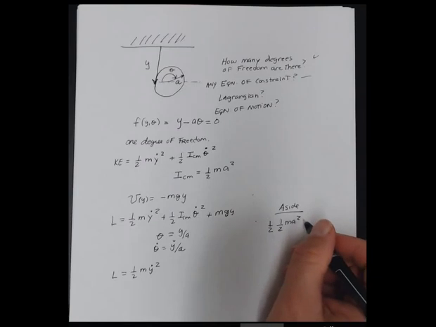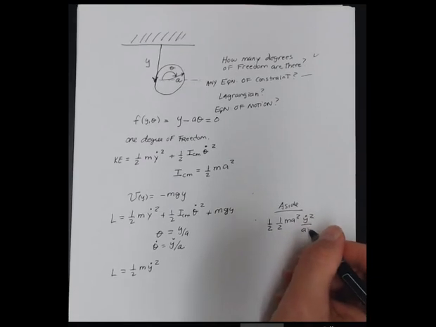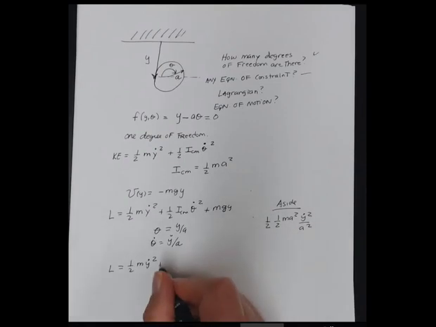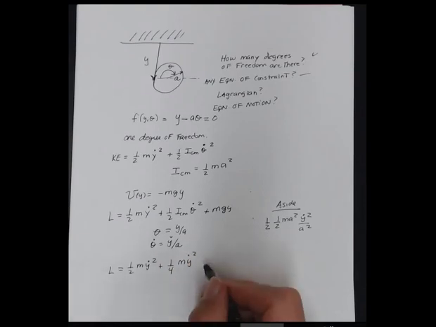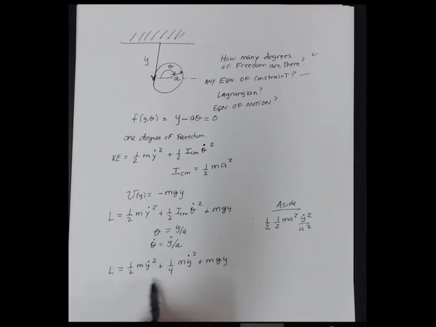And then theta dot squared, but I'm going to say that's y dot squared over a squared. So I get 1/4 m y dot squared. And then my plus mgy. So now I have my Lagrangian written as a function of y and y dot.